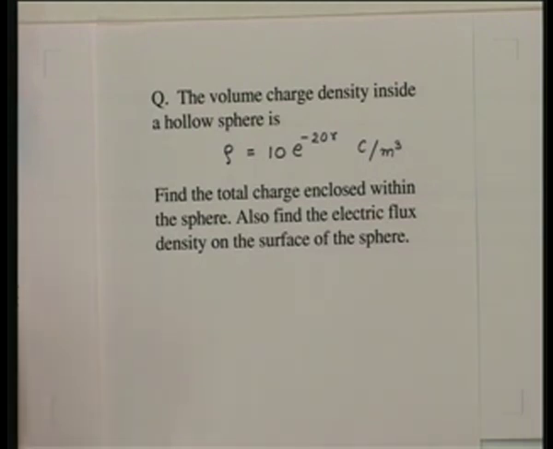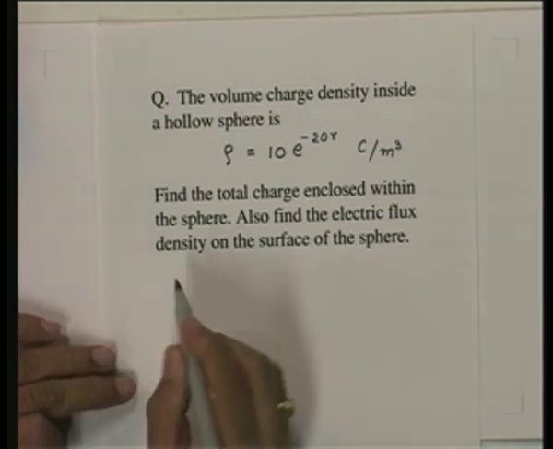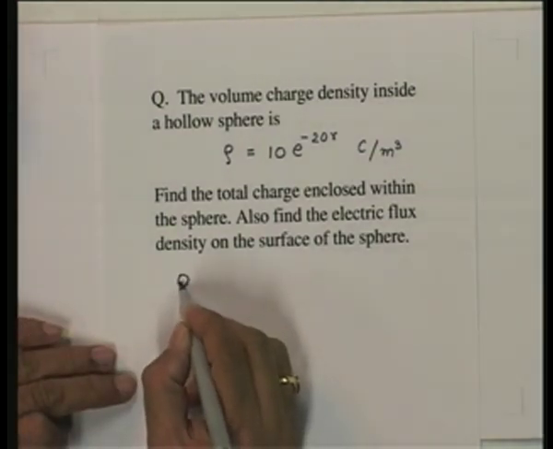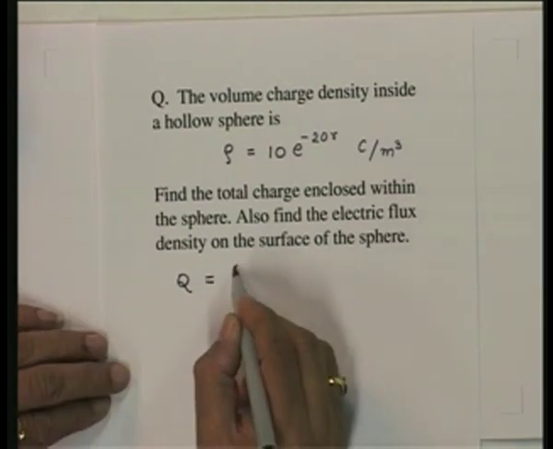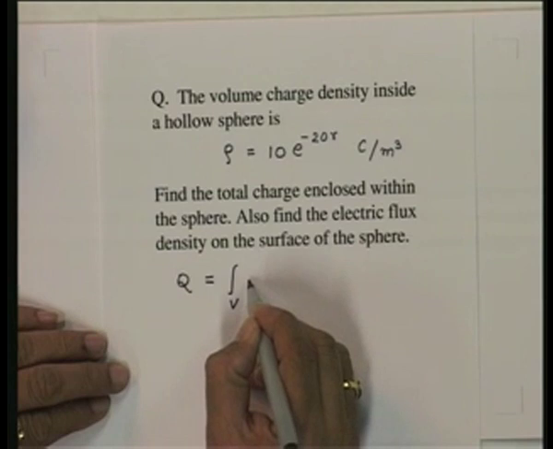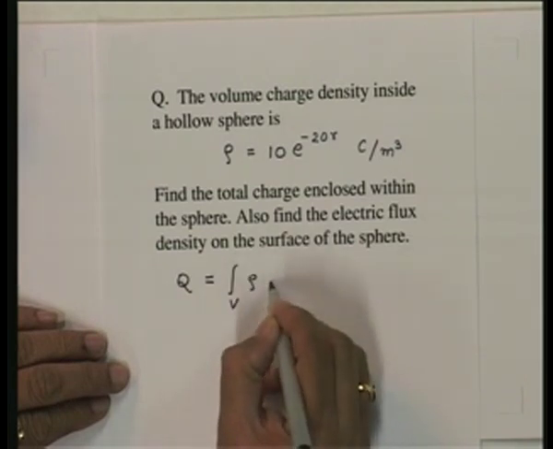Finding the total charge enclosed inside this sphere is very straightforward. The total charge enclosed inside this sphere, Q, will be equal to the integral over the volume of the sphere of rho into dV.